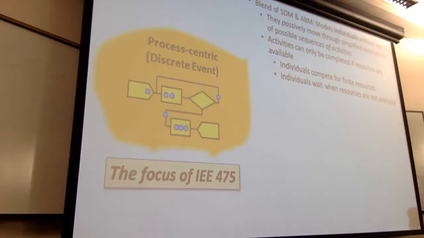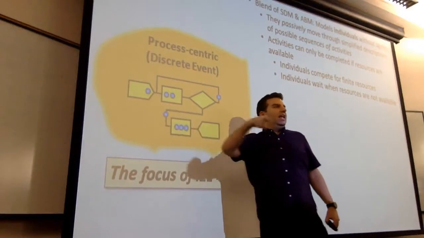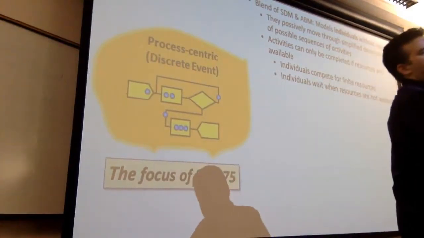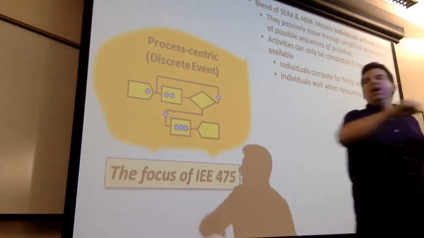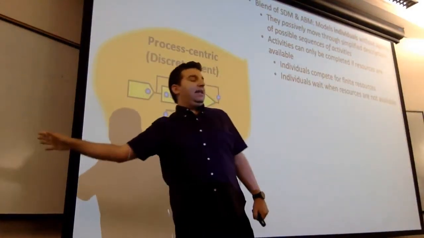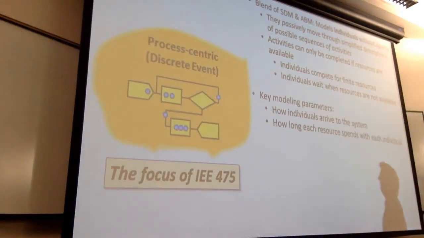People would flood in and try to find the chairs, and if there were no chairs available, there'd just be a line of students in the hall. And maybe they'd have to leave or something like that. And so that could easily be modeled in this sort of framework. So where you've got limited resources that entities hold on to for a short amount of time, and while those resources are held on to, all the other entities just have to wait for those resources to become available. And I'll show examples of that.